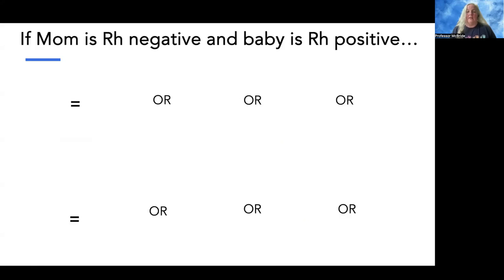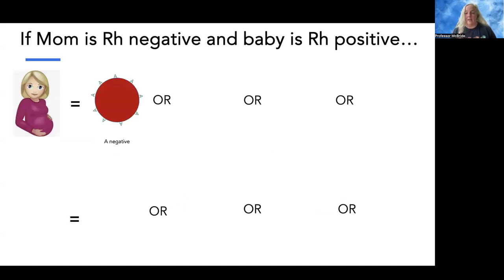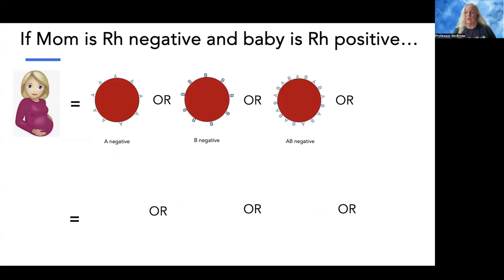So how this works for RH incompatibility. If the mom is RH negative, she can be A negative, so she has an A antigen and no RH factor. She could be B negative, have the B antigen and no RH factor. She could be AB negative, have both the A and B antigen and no RH factor, or she could be O negative with no antigen and no RH factor.